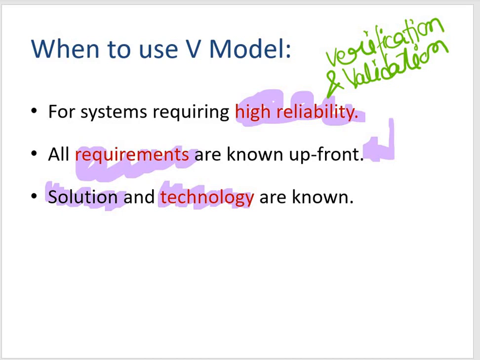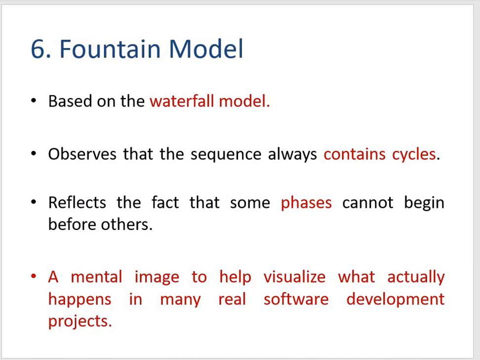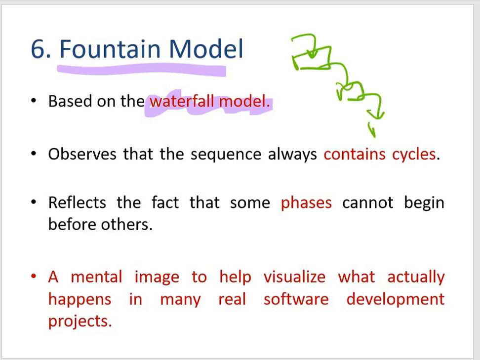Plus, I need to have all the requirements known well upfront, well in advance. Plus, the solution and the technology are known to us. Both these things, your solution plus the technology, are known to us.